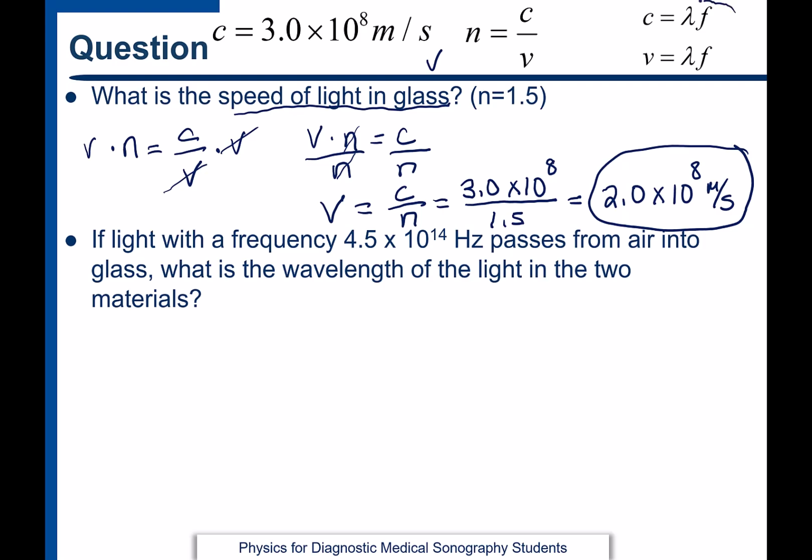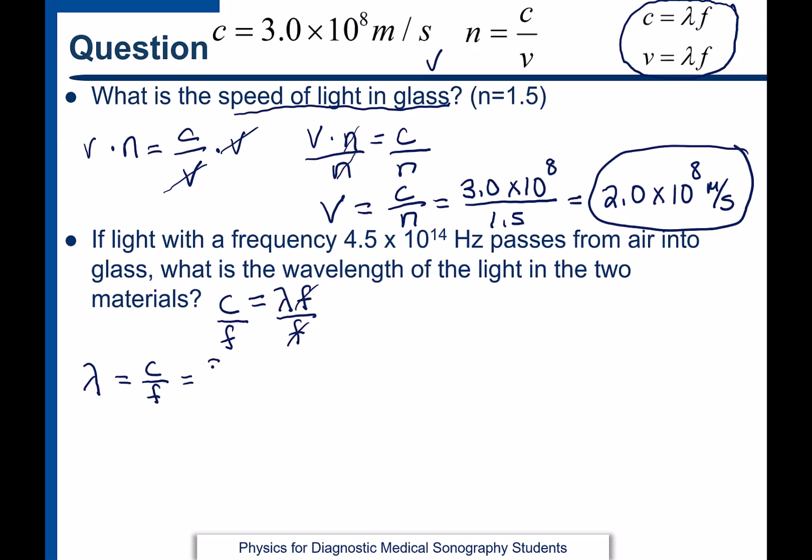Well, now we're just using our equations for the speed of the wave. We want to start out with the speed in the air. Remember, we're assuming the speed in the air is the same as in a vacuum. So we're going to use c is equal to lambda f. And here we want to solve for lambda. So we'll divide both sides by f. And we get that lambda is c over f.